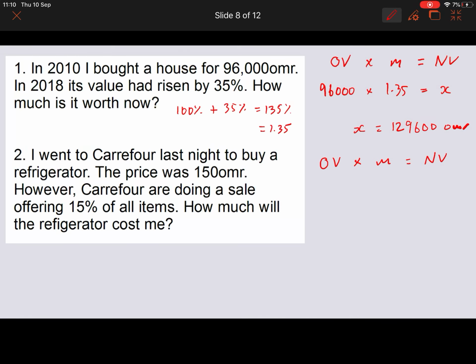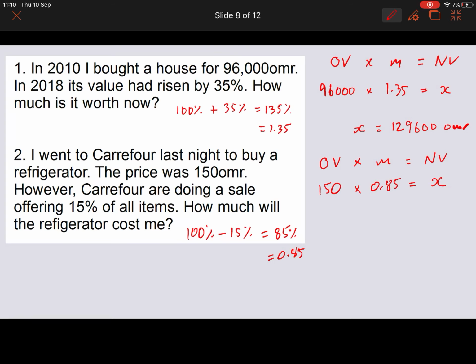What about the second one, where we got old value times the multiplier is equal to the new value? Okay? And I went to Carrefour last night to buy a refrigerator. The price was 150, so that's the old value. However, Carrefour are doing a sale offering 15% off all items. So it's 15% discount, we're going down.